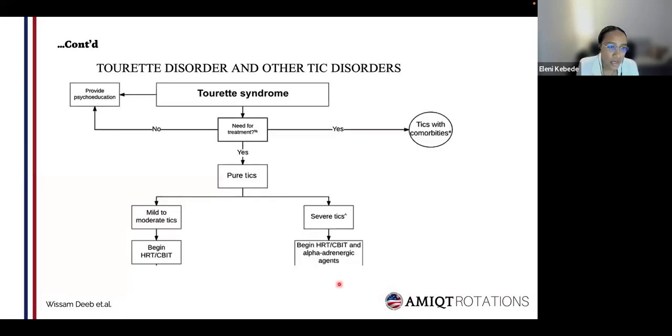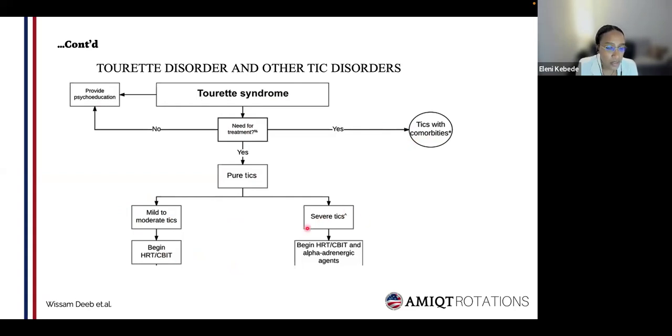So to generalize, after we diagnose Tourette's, we have to see if education alone is enough, or if they need treatment. If they need treatment, we have to assess comorbidities, and that has a different pathway of treatment. And if it is pure tick disorder, if it is mild to moderate tics, we can start with behavioral treatments, which is the initial choice of treatment.